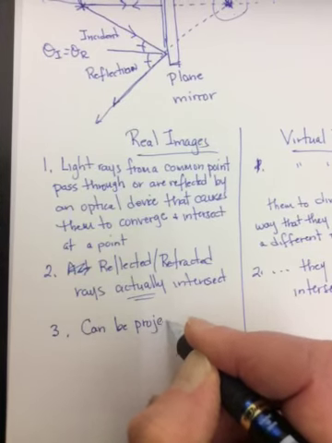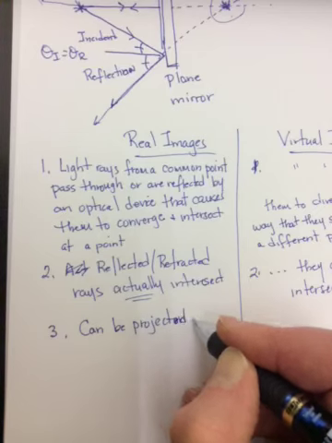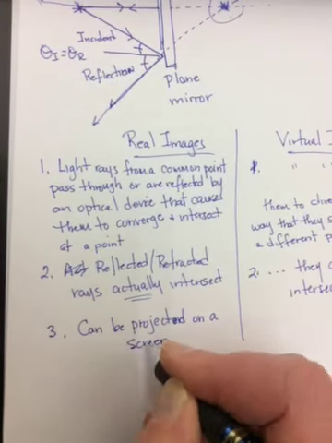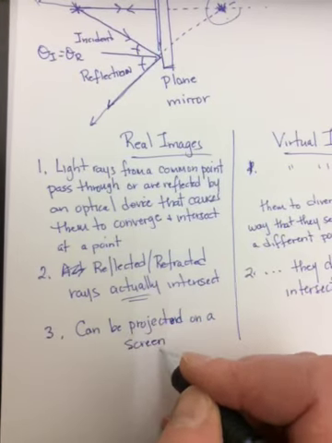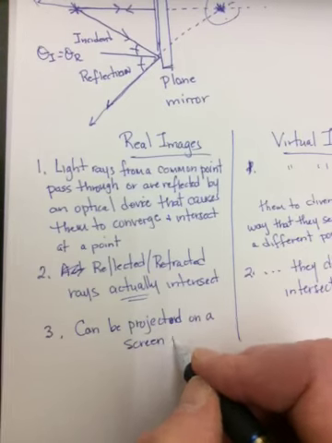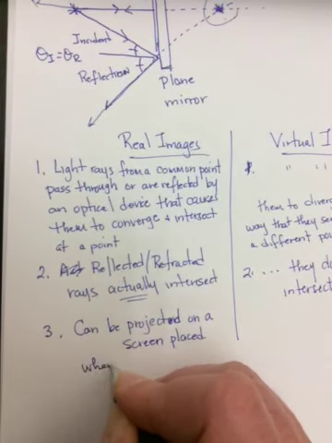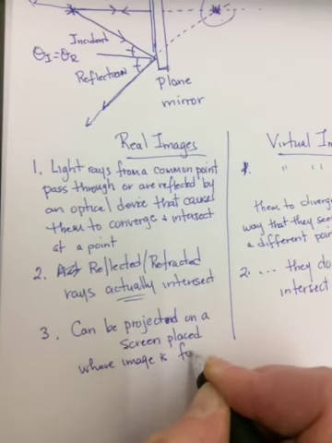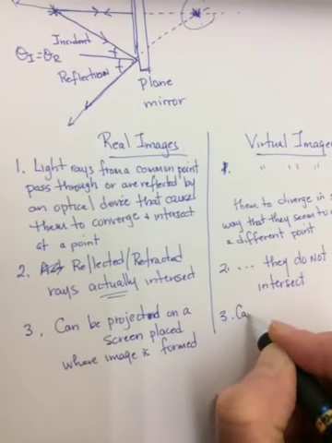So for a real image, you can put a screen, a sheet of paper, where the image is formed and it will show up on the screen. So it can be projected on a screen placed where the image is formed. And virtual images cannot be projected on a screen.